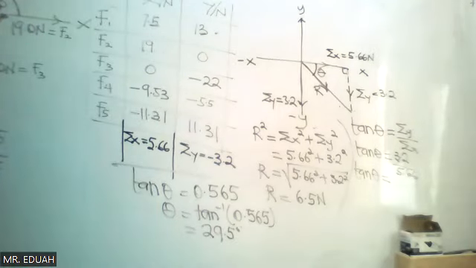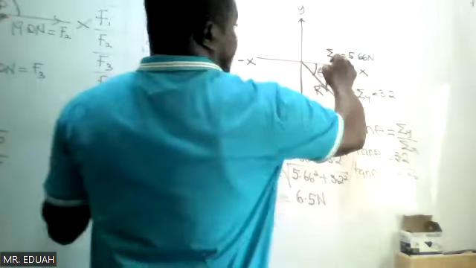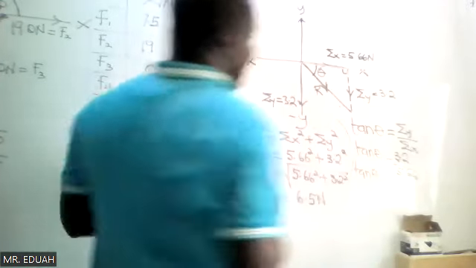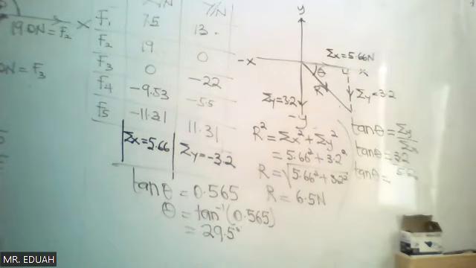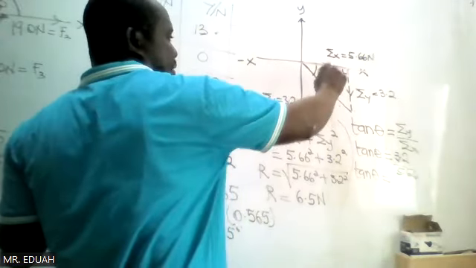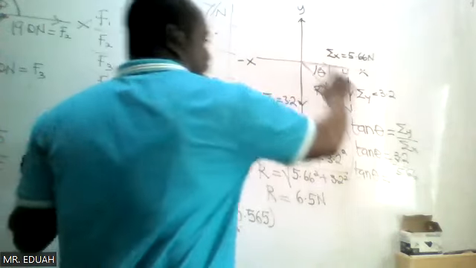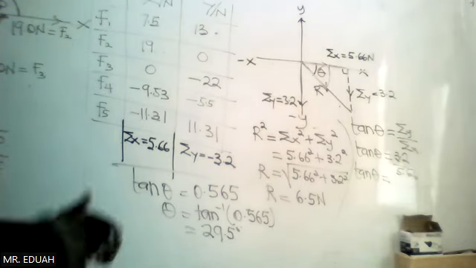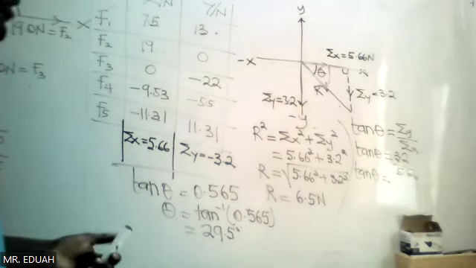Now, what does it mean? It means that if you are at the positive x-axis, or due east, you have to turn through this angle to face where the resultant is. In bearings, angular measurement is always taken from the north.